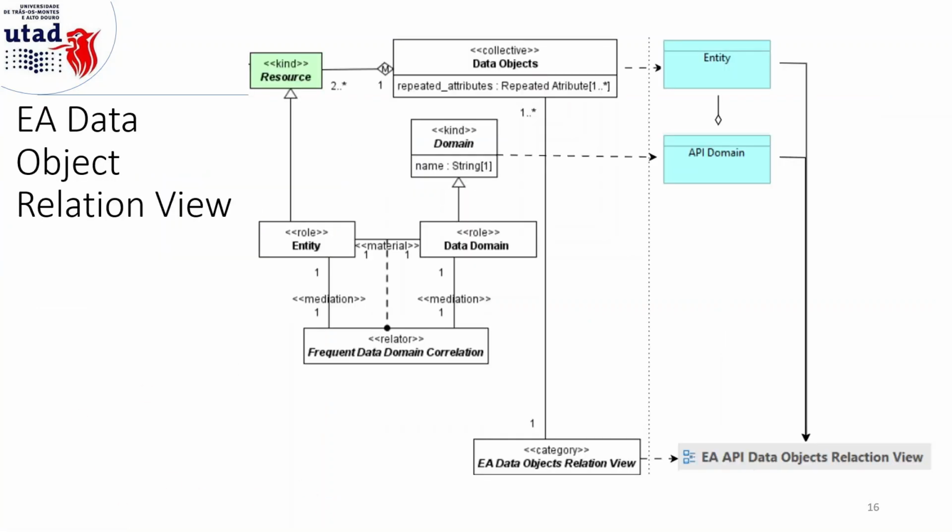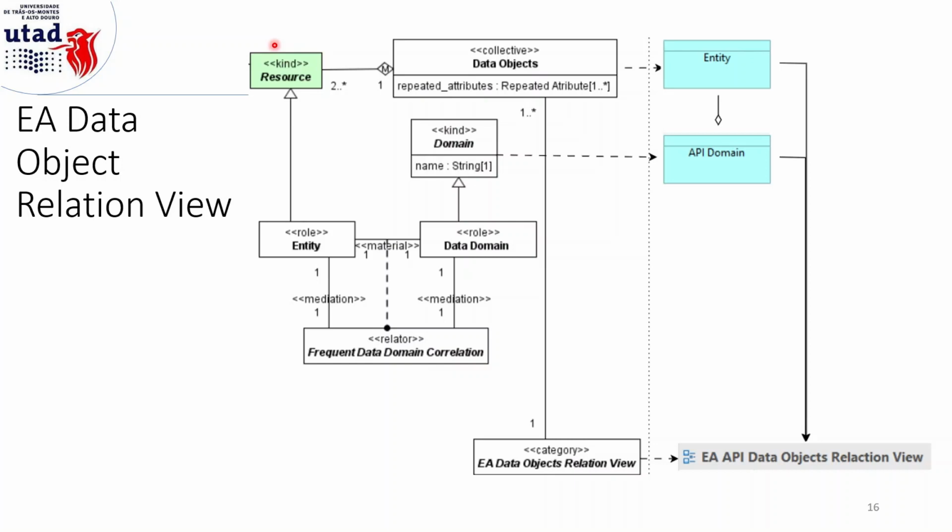This part of the ontology, the frequent data domain correlation, represents the association rule mining technique that extracts frequent correlations based on repeated values in resource attributes. The data objects are directly related to the data structures of the API call within the kind resource.